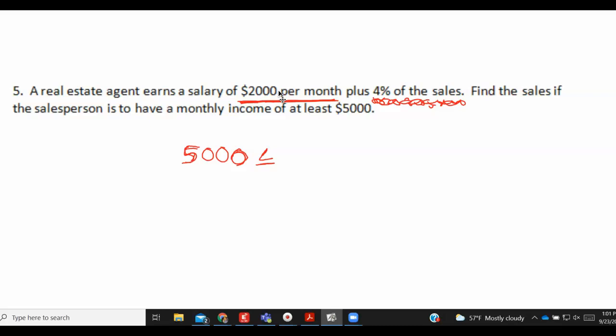We know she makes $2,000 in salary plus 4% in sales. So 4% as a decimal is 0.04 because you divide it by 100. We'll use the variable S for sales. And the question is, how much does she need to sell? So we're going to solve for S. So we're going to subtract 2,000 from both sides.